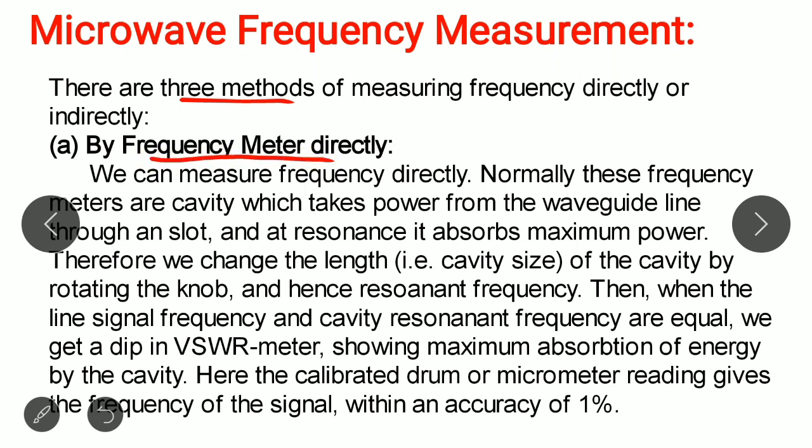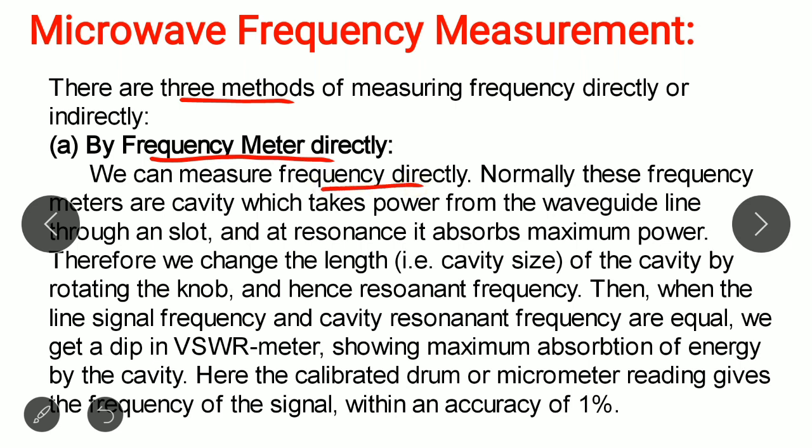One way is to measure a frequency by using a direct frequency meter. There are two types of frequency meter: one is the direct frequency meter, another is the indirect frequency meter. So we can measure the frequency directly.